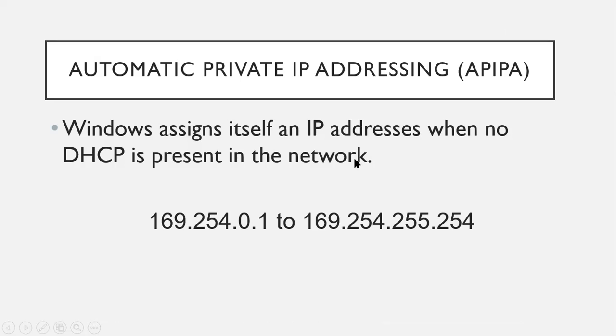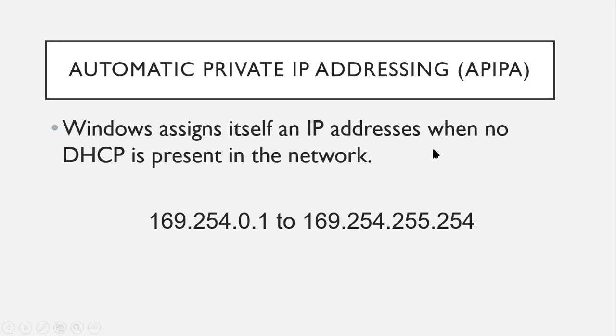So in this case, what is the broadcast address of the APIPA? Can anyone tell me? Just unmute your mic if you have an answer. Okay, Nan. The broadcast address again is .255. Just change the last part, then it becomes your broadcast address.